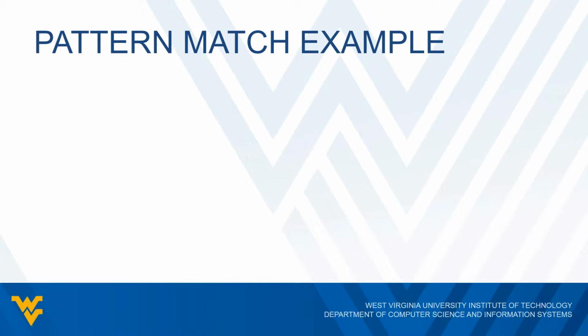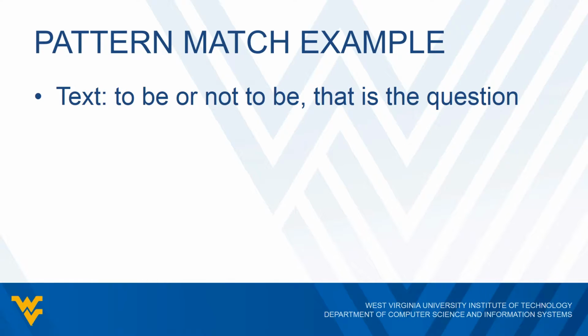Let's take a look at an example of this problem, just so you have a better idea of what we're trying to do. Let's say our text is "to be or not to be, that is the question." And let's say our pattern is just "to." We want to find every occurrence of "to" in this text. When we find it, we want to output the starting position of that match. That way we know not only have we found it, but where it is located.